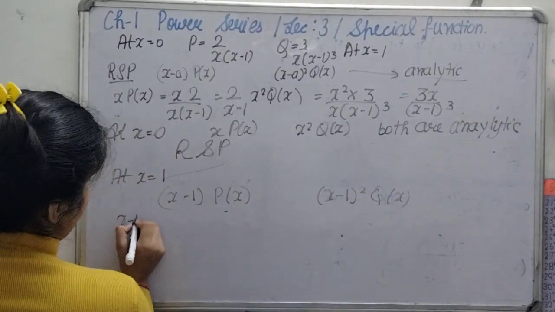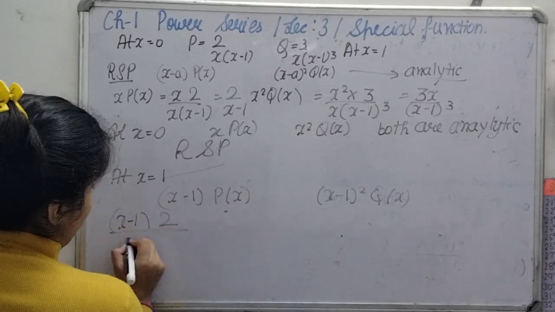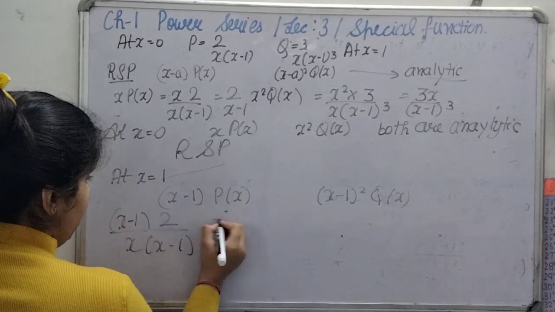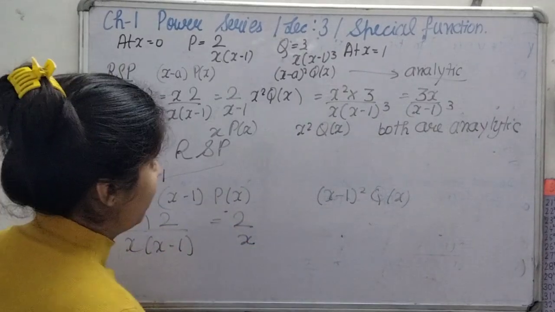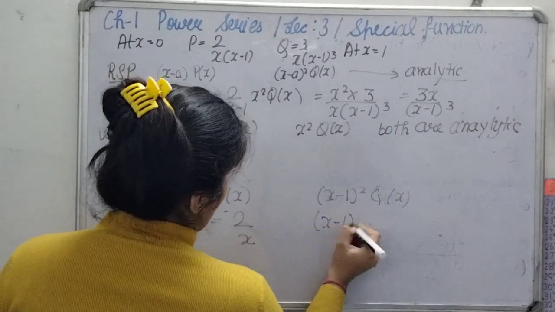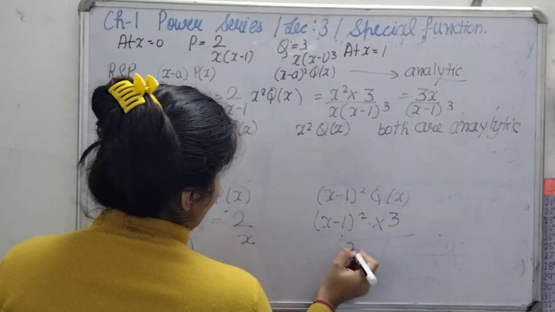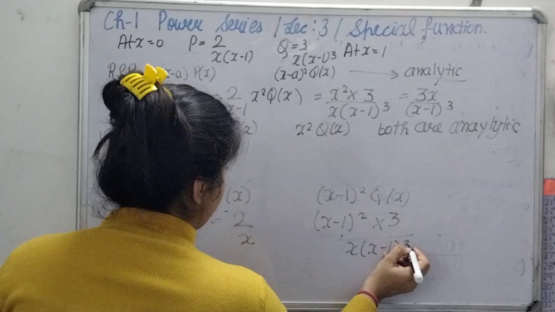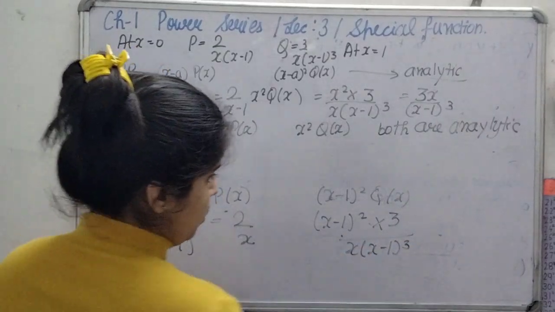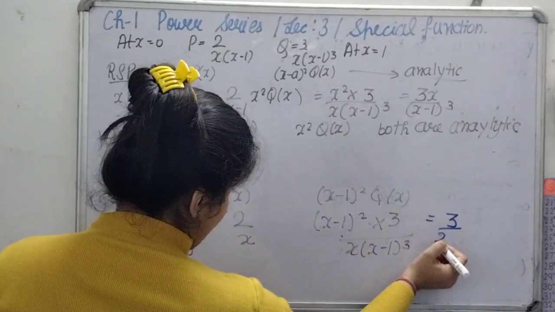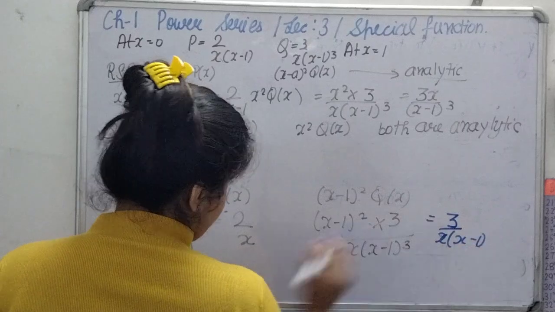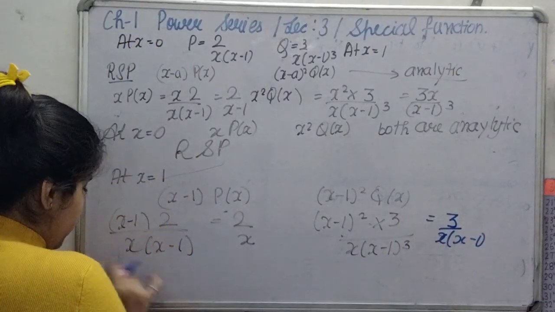So here we have x minus 1 into 2 upon x into x minus 1, it will come 2 upon x. Here x minus 1 square cross 3 upon x into x minus 1 cube, so it will come 3 upon x into x minus 1.